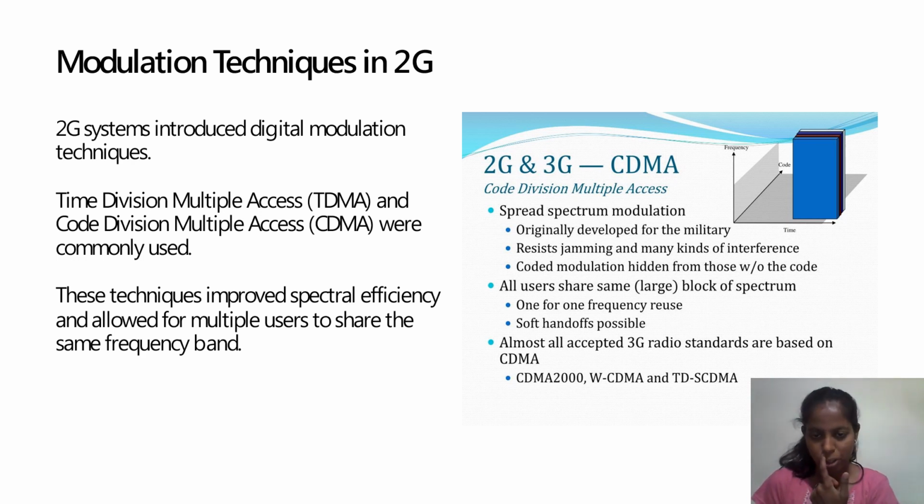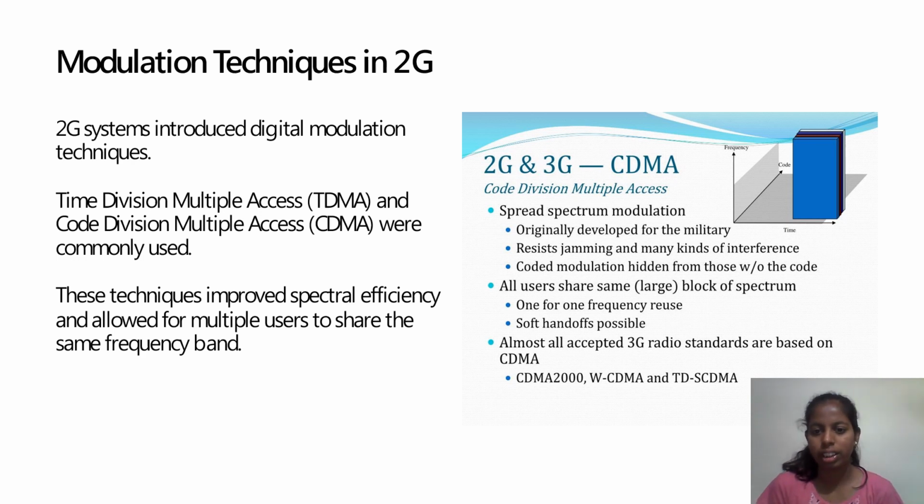Spread spectrum modulation is nothing but the required frequency band being enlarged, or the bandwidth enlarged, and then recovered at the receiver side. Originally developed for the military, it resists jamming and many kinds of interference. Coded modulation keeps each user's signal hidden by the code.